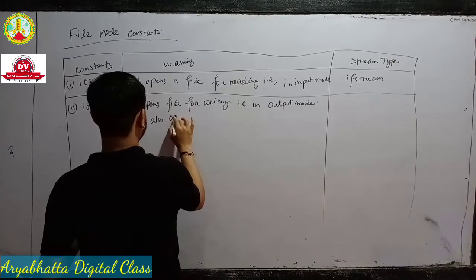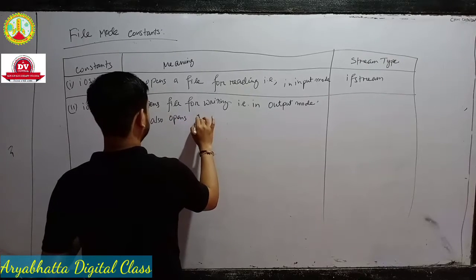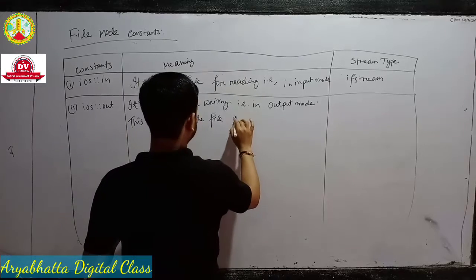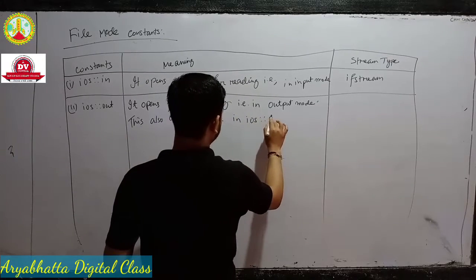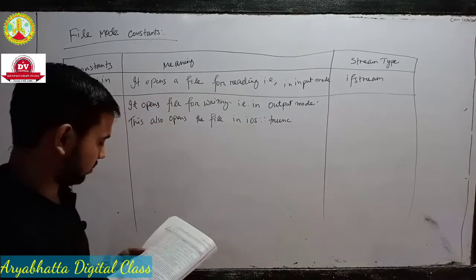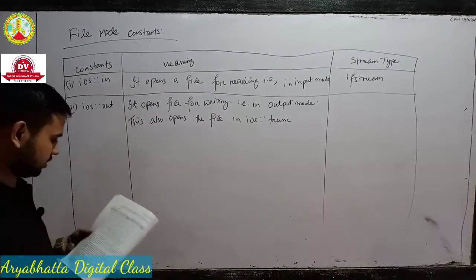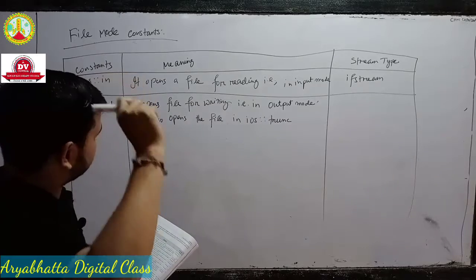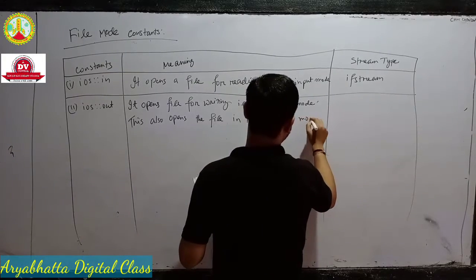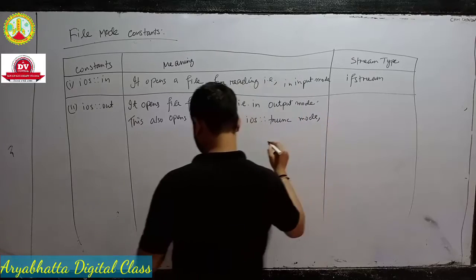This also opens the file in ios::trunc, truncated. I explain to you, truncated is also one of the constants. I give you trunc mode by default.